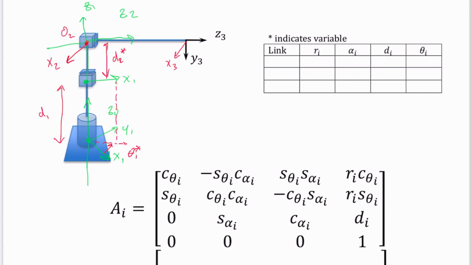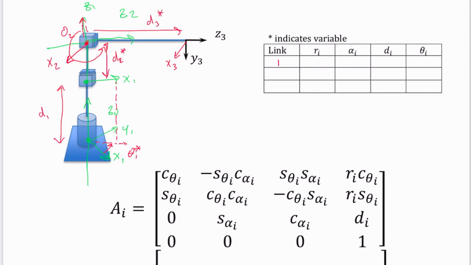And then remember my twist for my x2 axis, that's going to come from my z1 axis. How much am I twisting around to get to my x2 axis? So that is this total distance over here, 270 degrees, or we can talk about negative 90 degrees. And then I've got my distance that I'm moving here, that is going to be my d3 star.